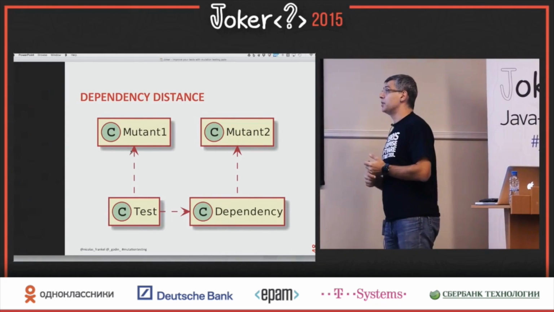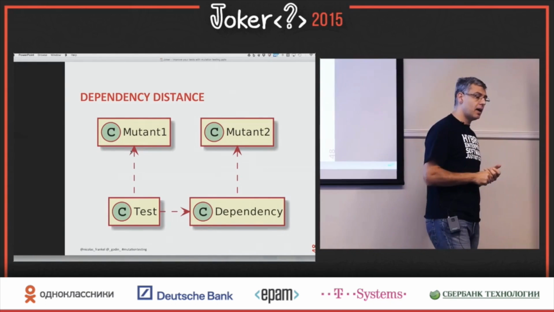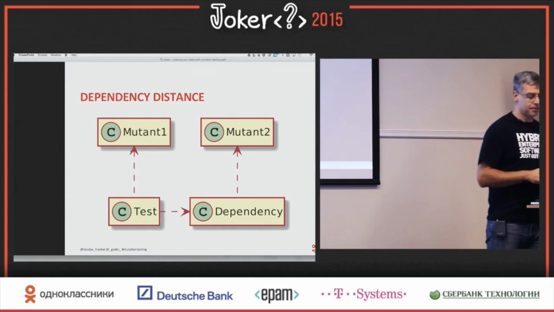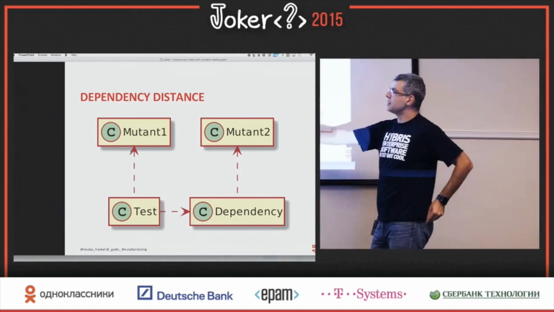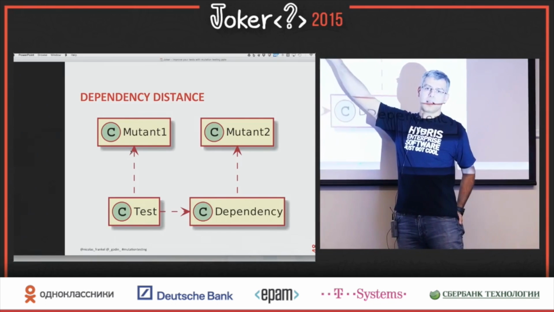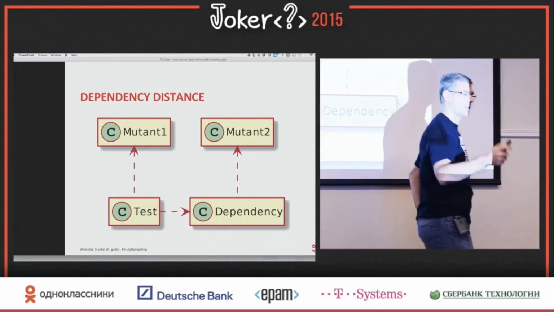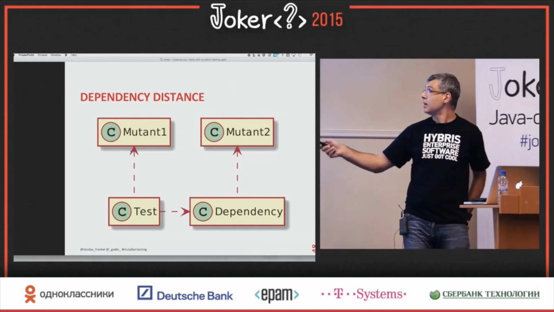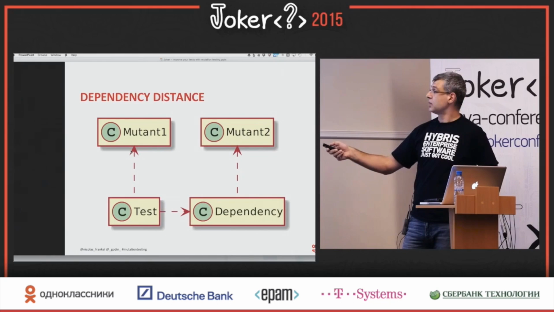Then there is another possibility offered by PIT. It's about the dependency distance. For example, let's say that my test directly uses a class. This class will be mutated. Okay, so here, if I use a dependency, this one will be mutated, right? But if I use another class which depends on another class, this class will also be mutated.